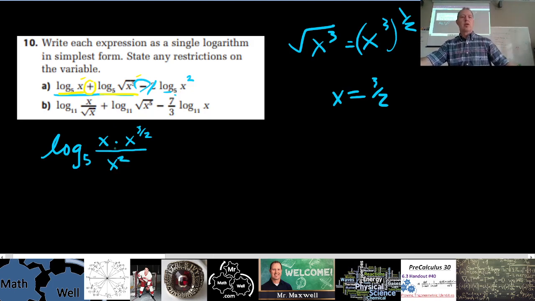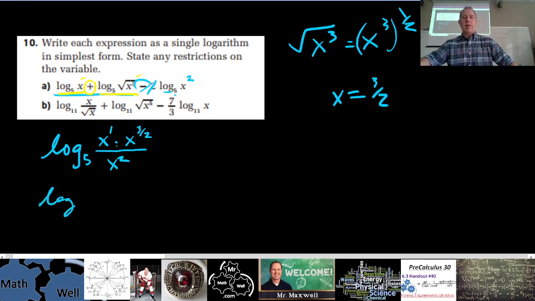Well, you should simplify this further. I'm not sure what the textbook shows, but this is not simplified. The reason why is because when you multiply variables with the same base, you add the exponents, and then if you divide, you subtract the exponents. So really it should go 1 plus 3/2, which is 5/2, minus 2, which is 1/2.